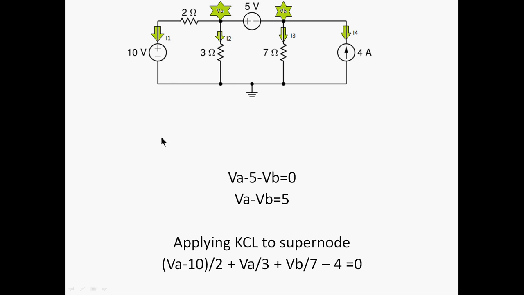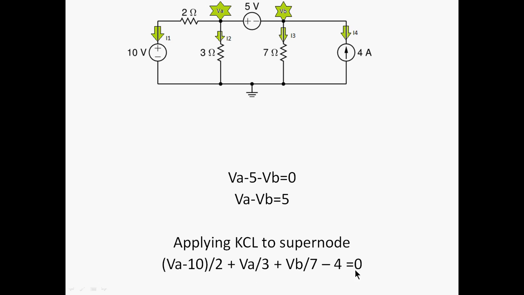So applying KCL to super node, I get VA minus 10 divided by 2 plus VA divided by 3 plus VB divided by 7, and this I4 is nothing but minus 4 amperes because the direction of 4 ampere and I4 are opposite, so I4 is nothing but minus 4 amperes.